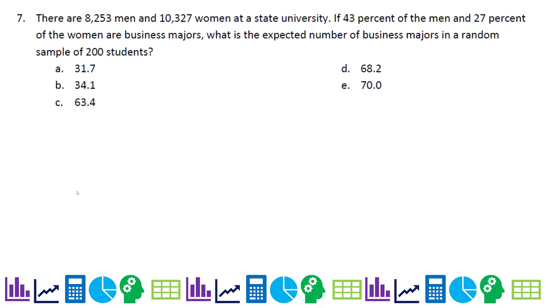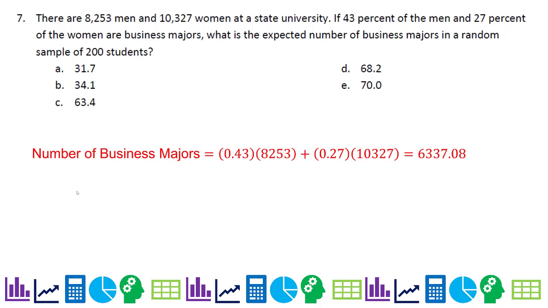So probably the easiest thing to do is find the total number of business majors. We know 43% of the 8,253 men and 27% of the 10,327 women are business majors. I get about 6,337 business majors.